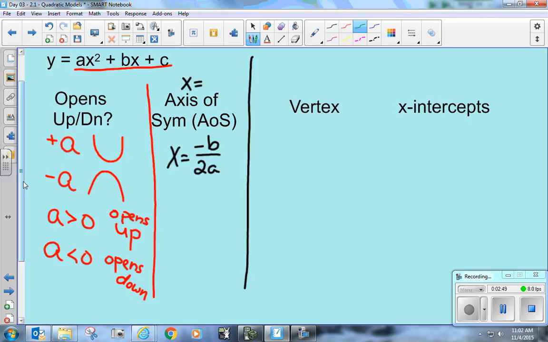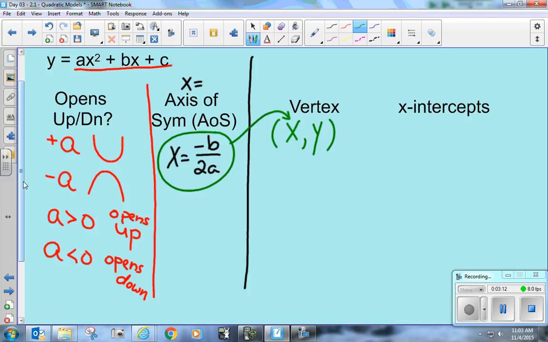So, if the axis of symmetry runs through the vertex, and the vertex is a point, that's what's going to be x and y. And guess what? We have our x. This value right here is actually going to be the x value of our vertex. Which leaves us, how do we figure out what the y is?